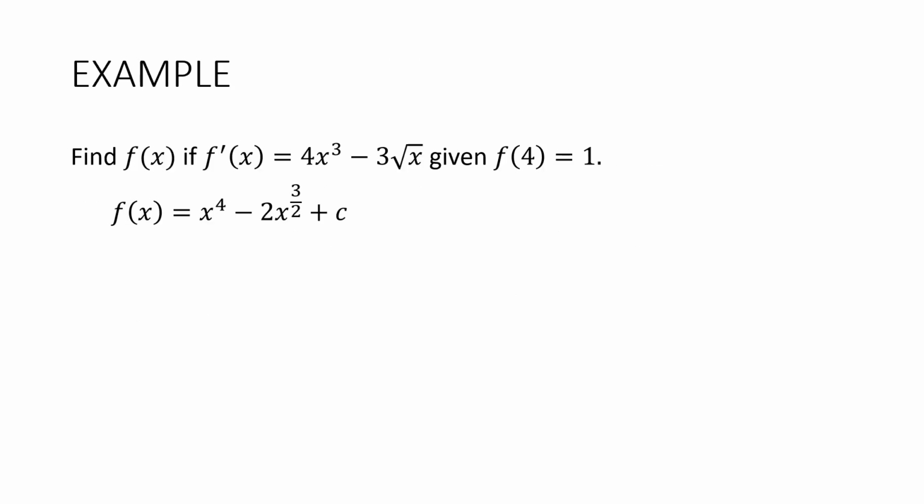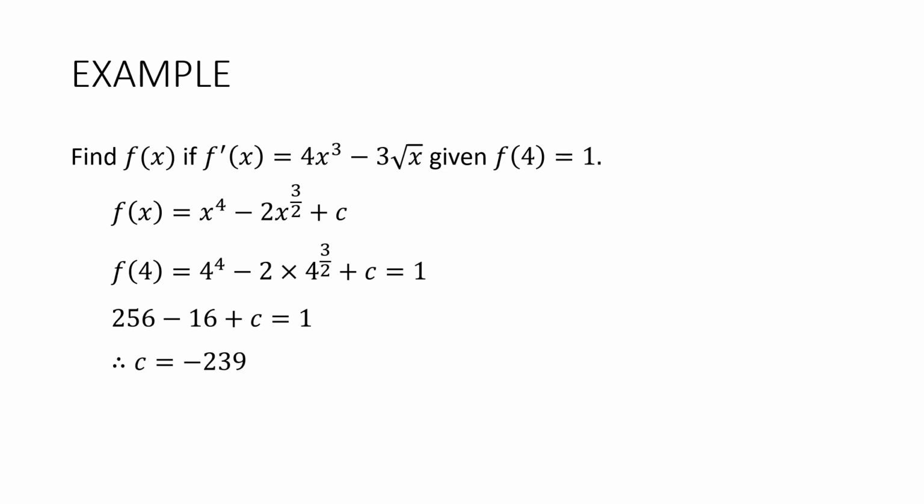Now all we need to do is substitute in x is equal to 4 and f of x is equal to 1. And tidying all of that up, we end up with c is equal to negative 239. And so f of x is x to the power of 4 minus 2x to the 3 halves minus 239.